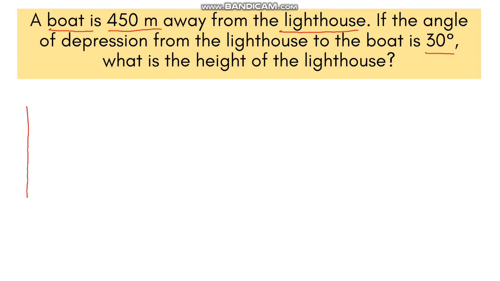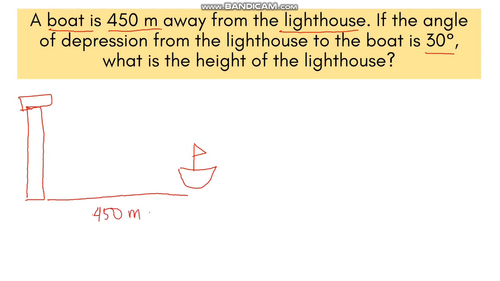Let's draw here a lighthouse. So let's say that this is a lighthouse, and then there is a boat here which is 450 meters away from the lighthouse. So 450 meters.